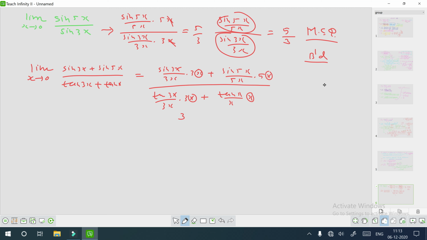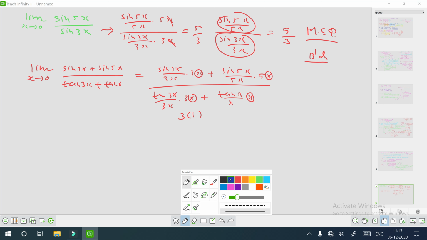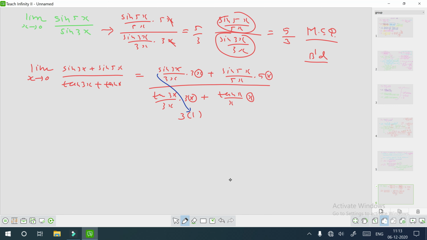So 3 into 1, because this comes out 1, plus 5, this 5 into this comes out 1. In the denominator, this comes out 1, so 3 into 1 plus this comes out 1, 1. 5 plus 3, 8 by 4, and that is 2. This is the answer. In this way, we can solve for multiple choice questions.